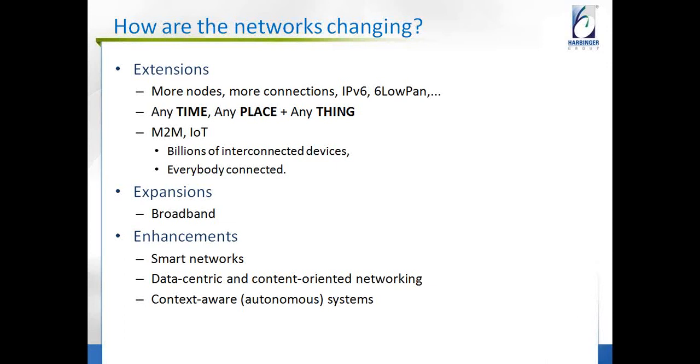One of the key catalysts for this extension has been the connectivity needed, that is at any time, at any place, and between almost anything and almost everything. I think the next step in the network change is probably getting into some of the smart networks, getting into data-centric as well as content-oriented networking, as well as development of autonomous or context-aware systems.